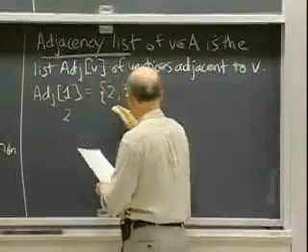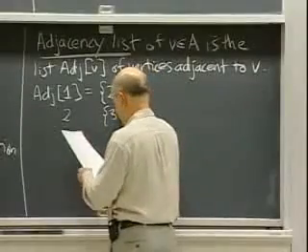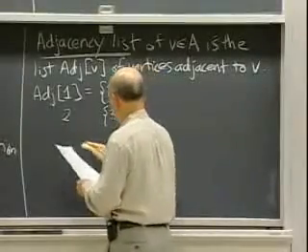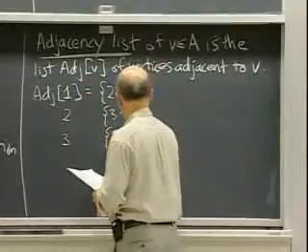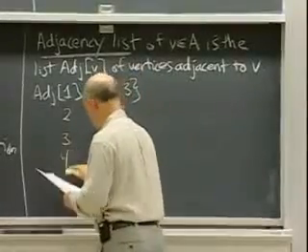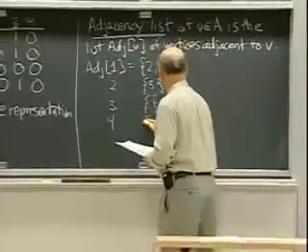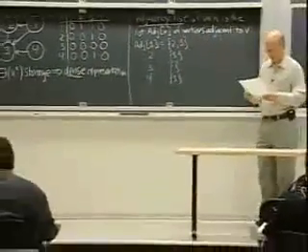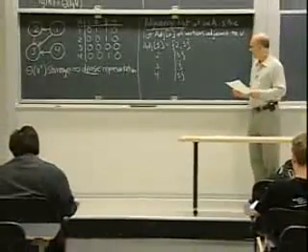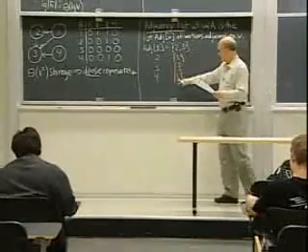The adjacency list for 2 is just 3. For 3, it's the empty set, and for 4, it is 3. So that's the representation.